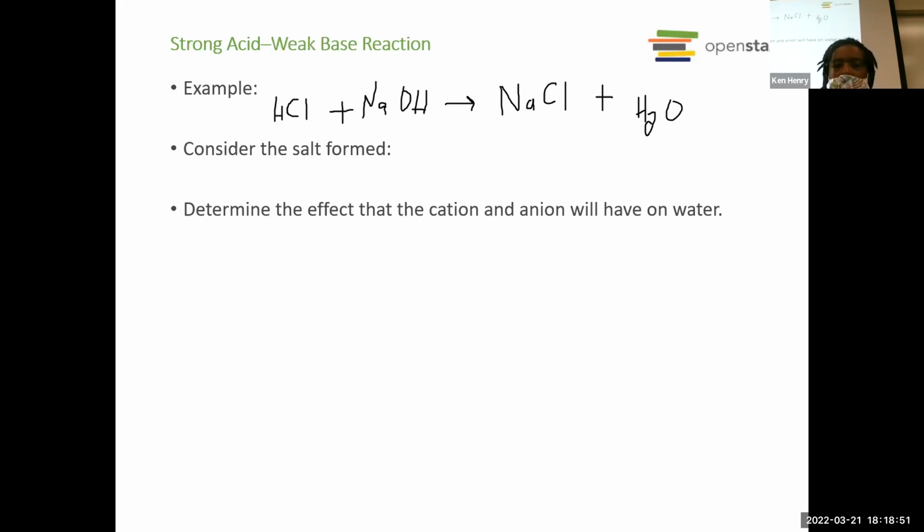What about in the case of a strong acid and a weak base?